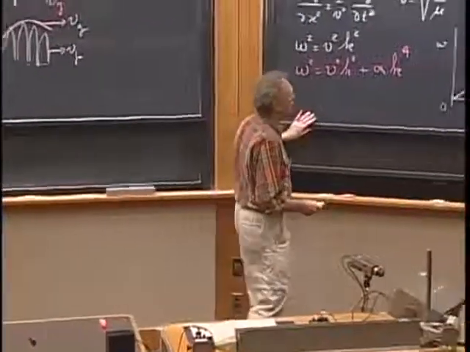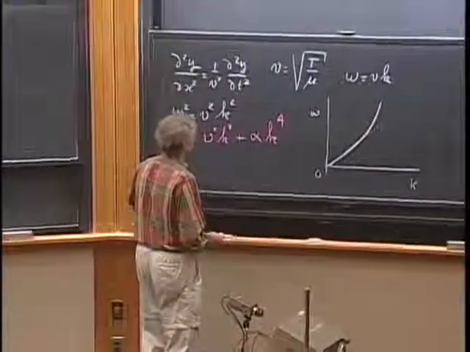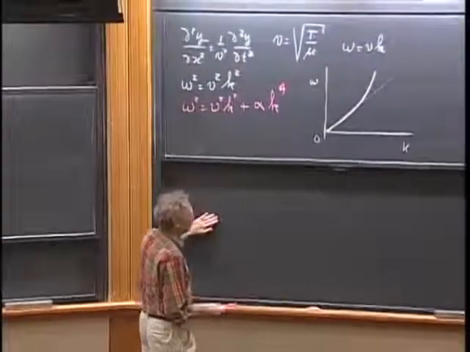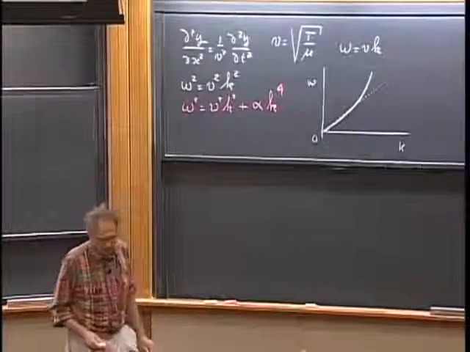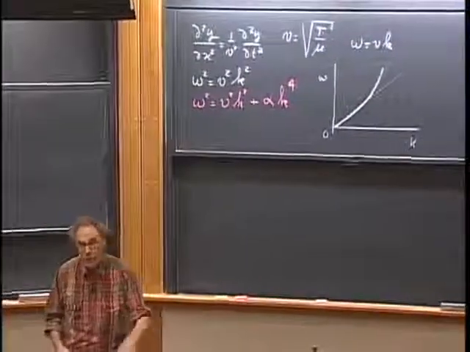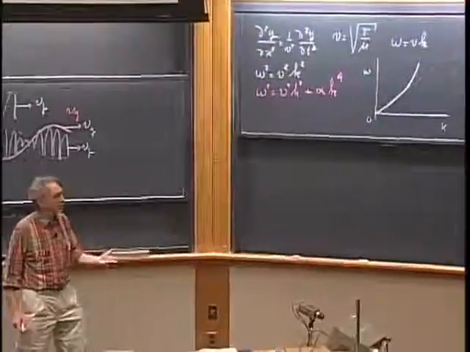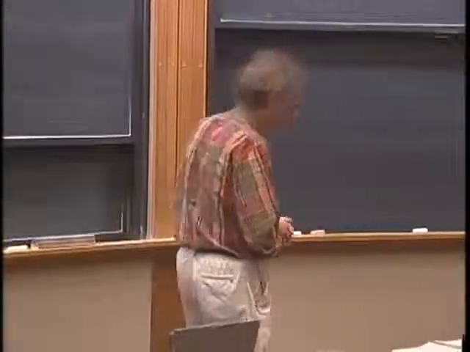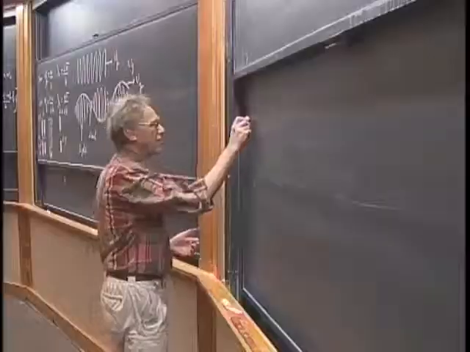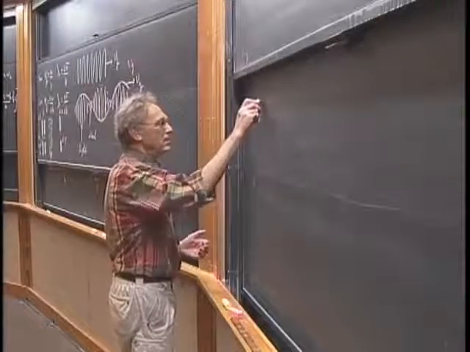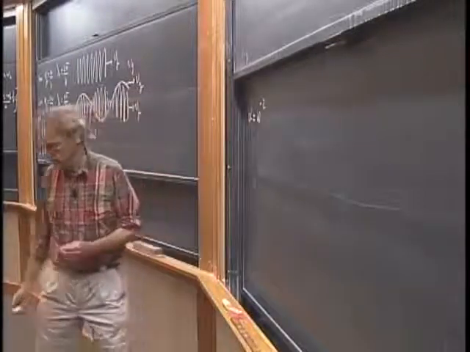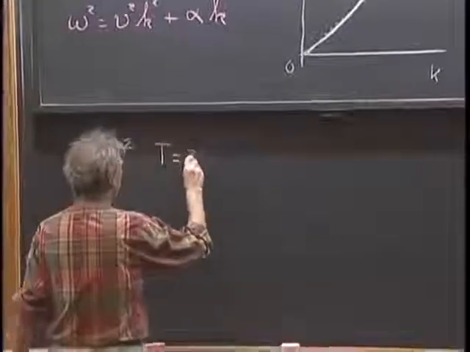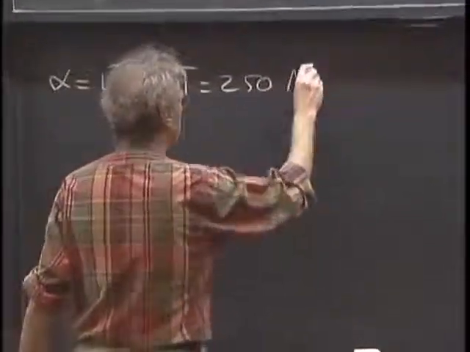So I choose a value for alpha, which is not entirely absurd, although way higher values of alpha are possible. And then I want to calculate with you, quantitatively, what difference that would make for a particular string in the piano. And so the case that I have chosen, I take alpha is 10 to the minus 2. I take the tension, which is very common for piano strings, which is 250 newtons.